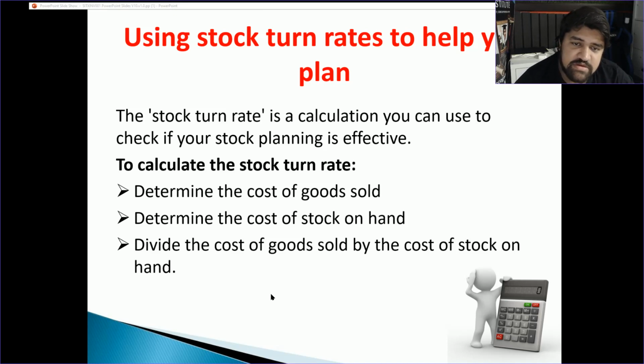So you'd be able to calculate the stock turn rate: determine the cost of the goods sold, determine the cost of the stock on hand, and divide the cost of goods sold by the cost of the stock on hand. Having those little calculations in place really allows you to know how much money you're making, how much it costs you, what your percentages are, things like that.